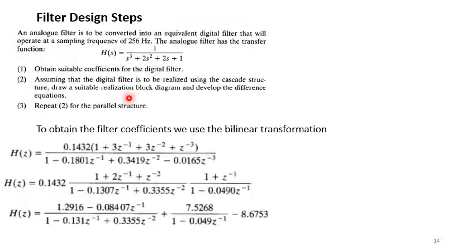Second, assuming that the digital filter is to be realized using a cascade structure, draw a suitable realization block diagram and develop the difference equation. Then in part 3 we have to repeat step 2 for the parallel structure.